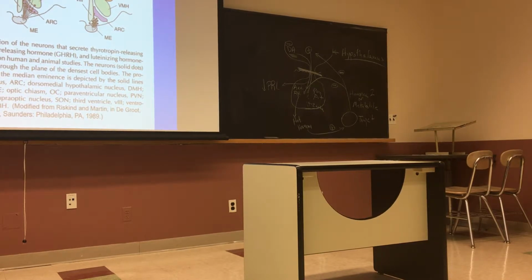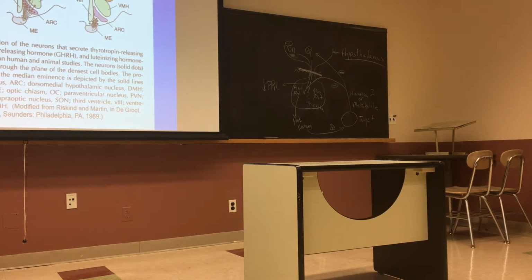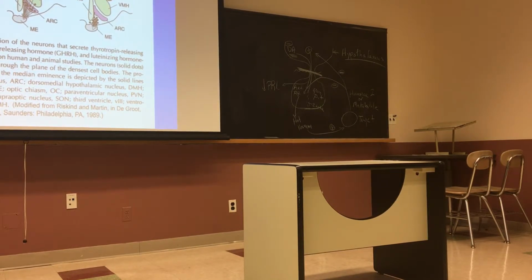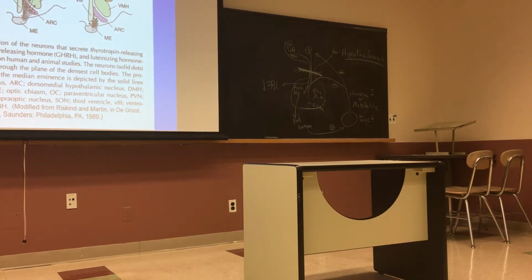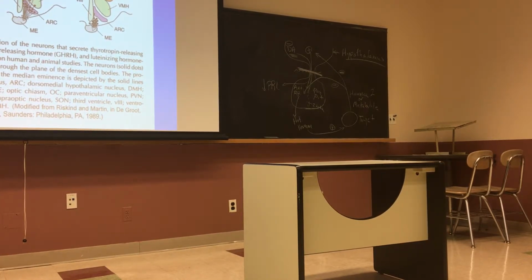What's being shown here for thyroid releasing hormone is that it starts in the paraventricular nucleus and the fibers kind of loop up and swing down past the optic chiasm toward axonal ends on or in or near the primary portal plexus, near the upper end of the stalk of the pituitary.